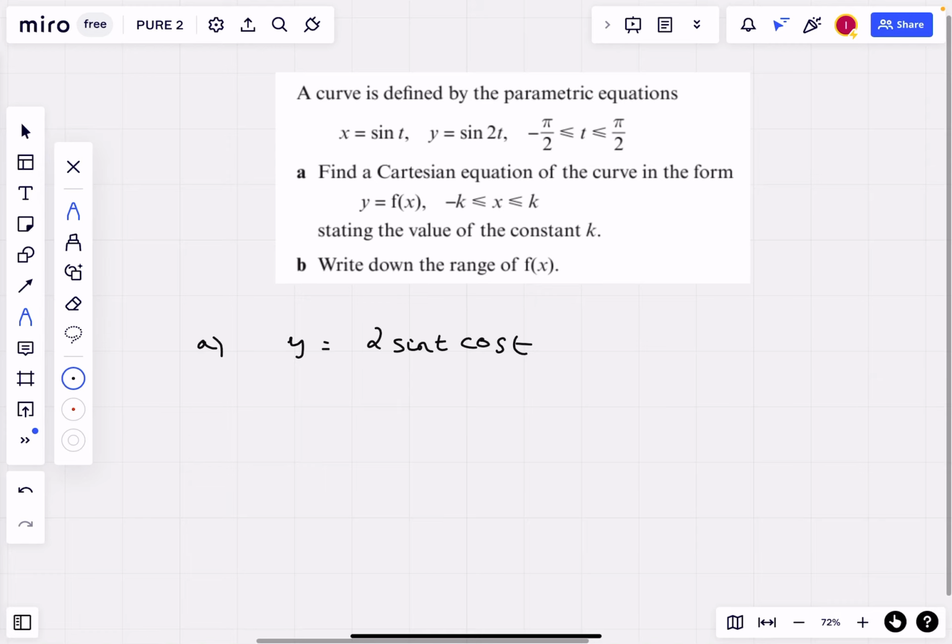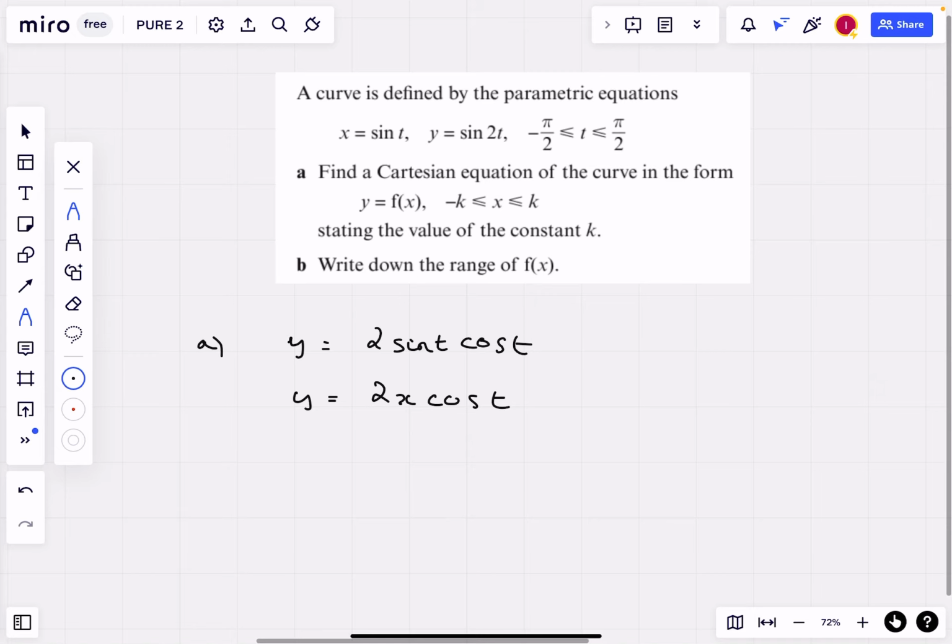Okay? And now you know that x equals sine t. When you sub that in, you get this. Okay, that's still not finished though. You still have a cos there, which you don't want. Your Cartesian has to be all x's and y's.